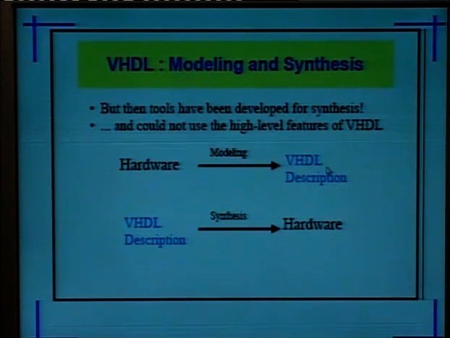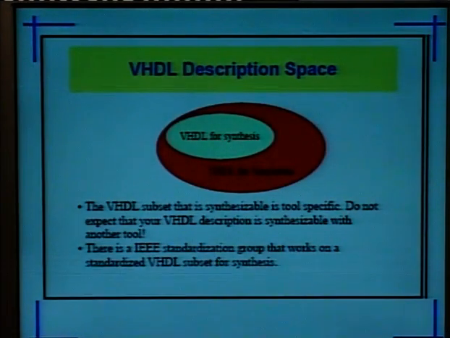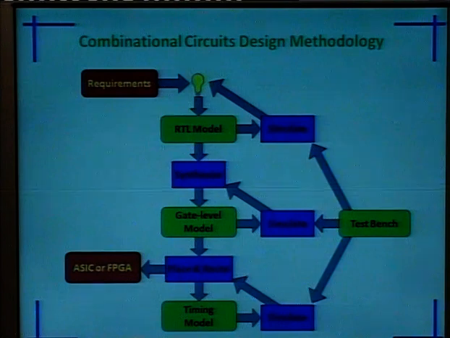Once our VHDL description is ready, with the help of synthesis we again transform it to hardware, and that is the main function of synthesis. VHDL for synthesis and VHDL for simulation are interlinked, and we first go for simulation and then for synthesis.